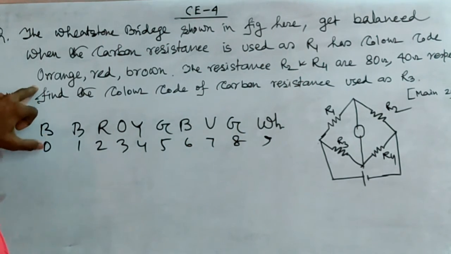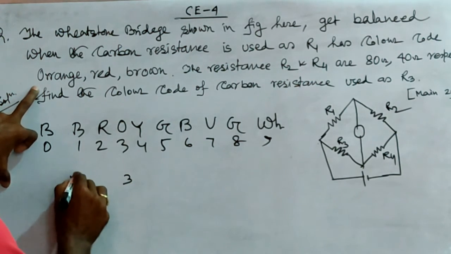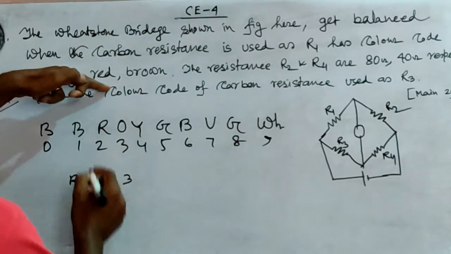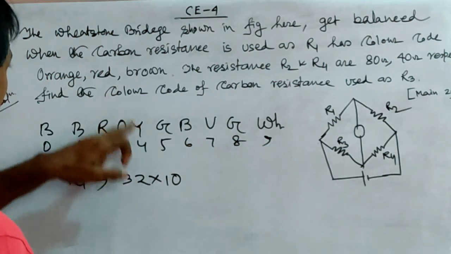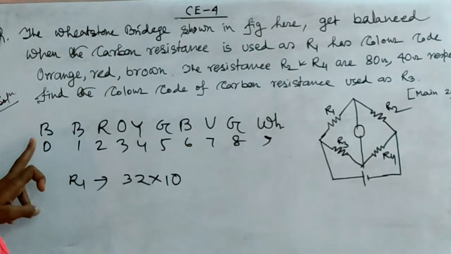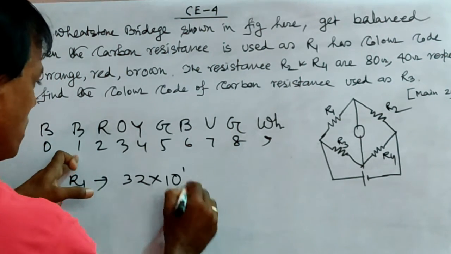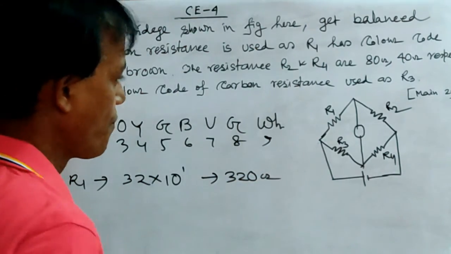So R1 has orange, red, brown. It means orange is 3, red means 2, into 10 to the power brown means 1. So the value of R1 comes to 320 ohms.